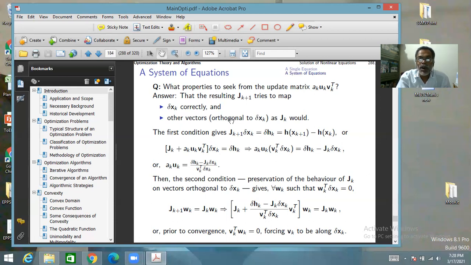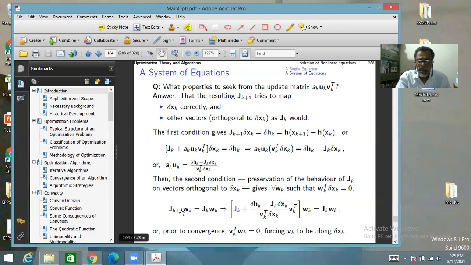Other vectors orthogonal to delta xk. On that, Jk and Jk plus 1 should map in the same manner. So you say that for any vector wk that is orthogonal to delta xk, the effect of Jk plus 1 and Jk should be the same.